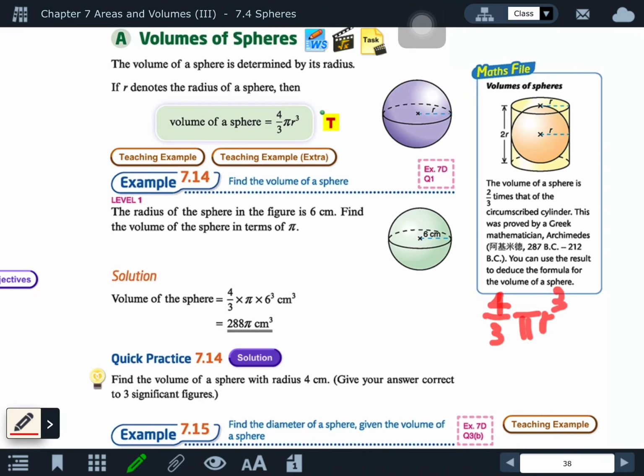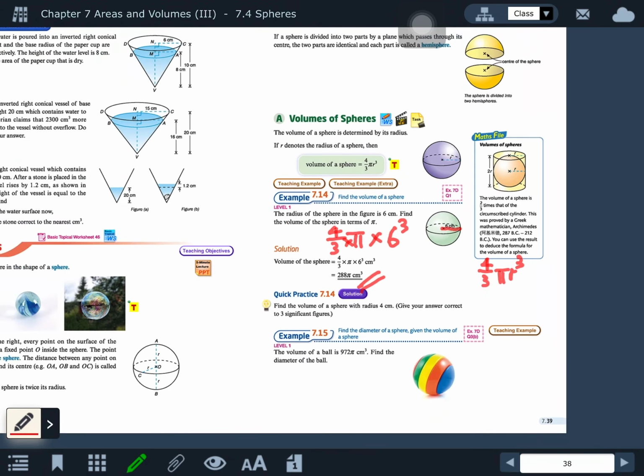So let's have examples. If we get a ball with a radius of 6, then we have 4/3 pi times 6 cubed, and we get the answer 288 pi. Okay, that's all we have to do.